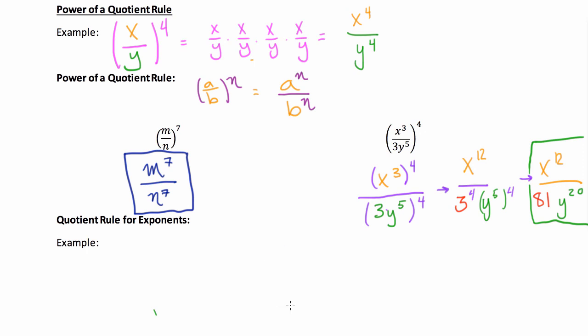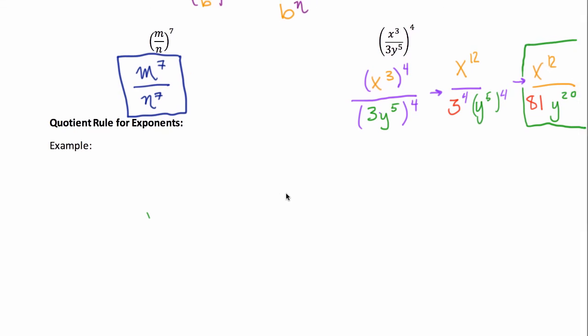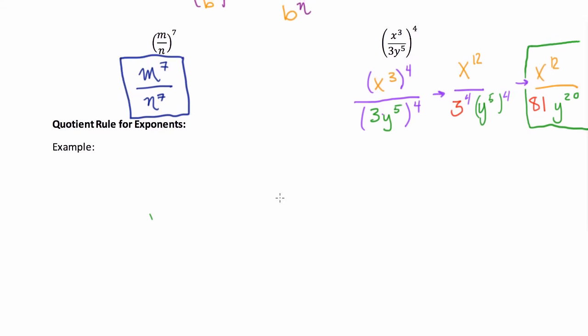Then the last rule is the quotient rule for exponents.